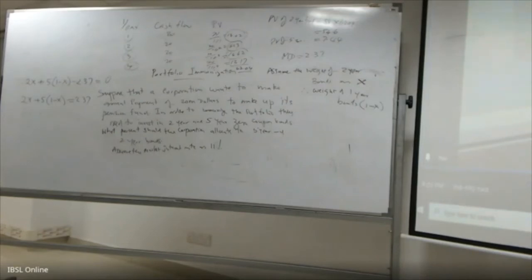Right. Anyway, for different types of investments also we can make use of this type of immunization concept. Ultimately, the concept is this: put the total to a zero duration in order to immunize the portfolio against interest rate fluctuation.